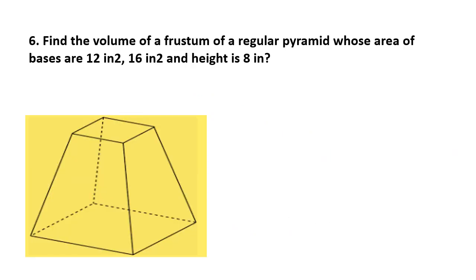This one number 8. So solution. Find the volume of a frustum of a regular pyramid whose areas of bases are 12 inches squared and 16 inches squared and the height is 8 inches.